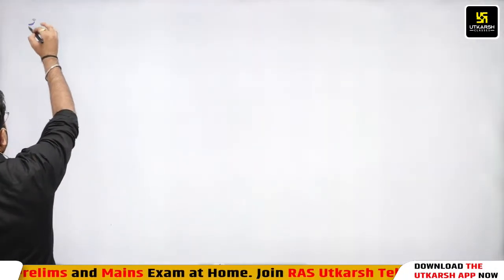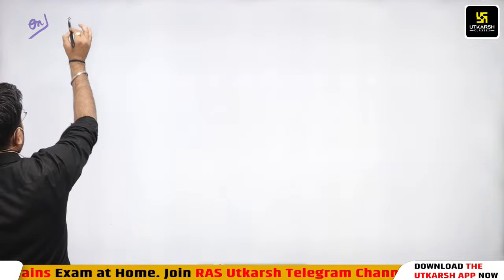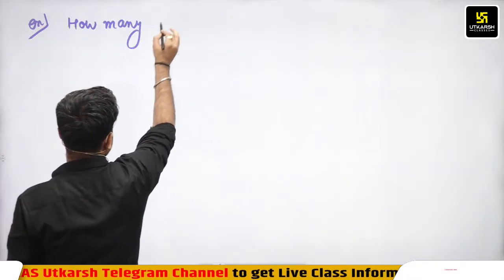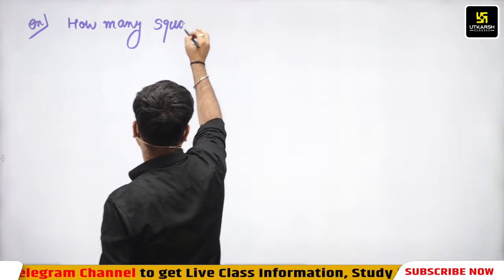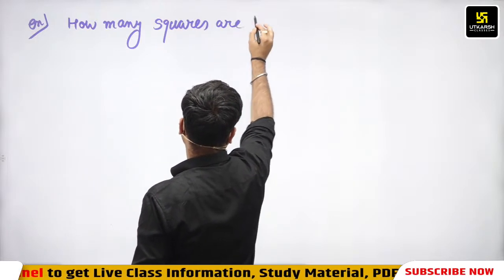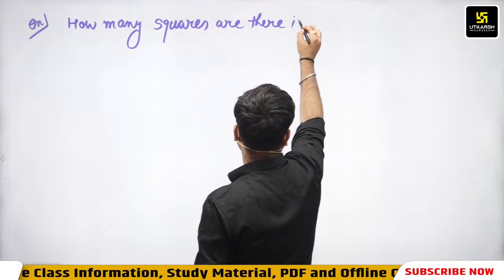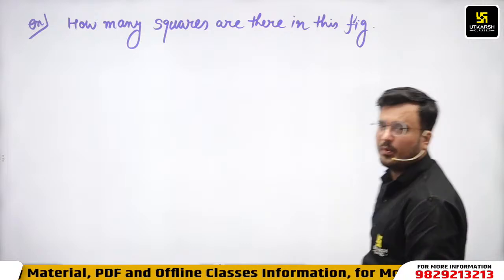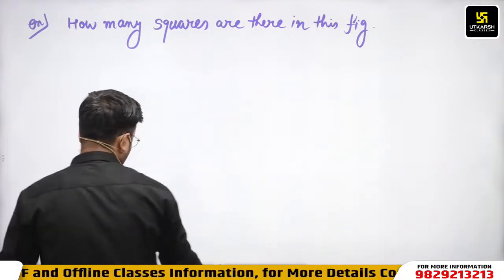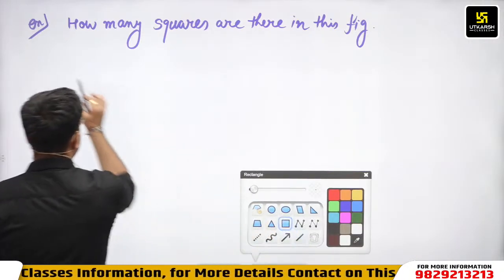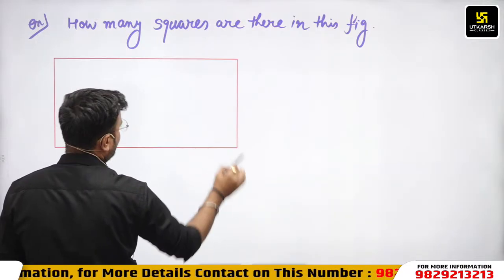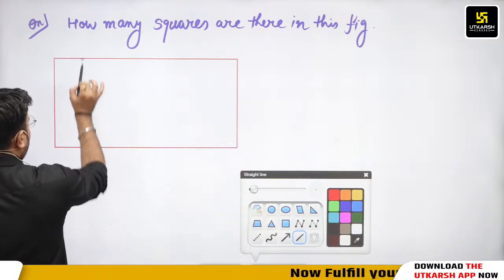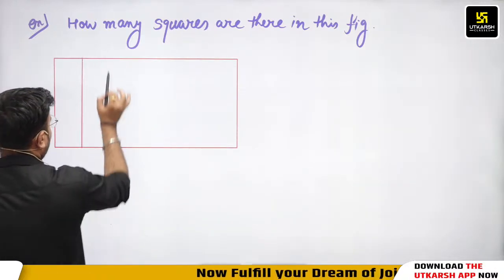So we need to find how many squares are there in this figure. As I told you, in this particular example, the number of smallest squares in horizontal and vertical order will be different.